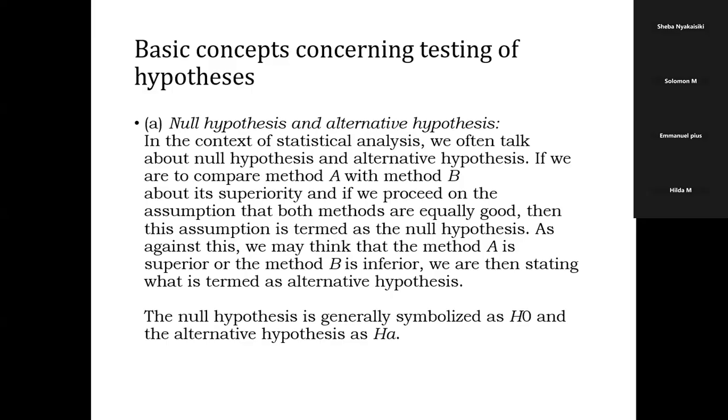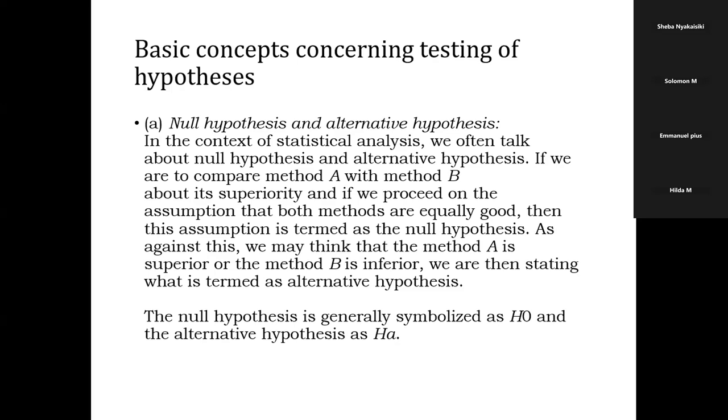Take an example. If someone phrased it that method A and method B are both equally good, then it can be assumed that this is a null hypothesis. Method A and method B are equally good.